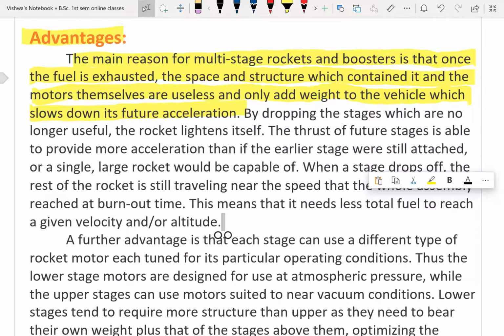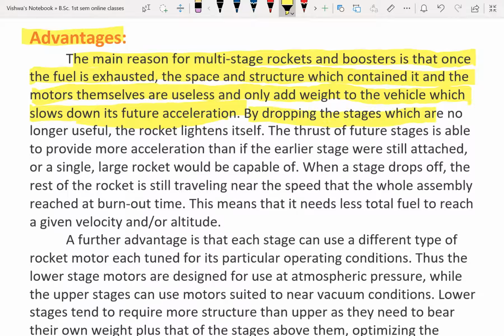So after fuel burnout, the remaining part is useless. It adds weight to the remaining rocket, which may slow down future acceleration. By dropping the stages which are no longer useful, the rocket lightens itself.